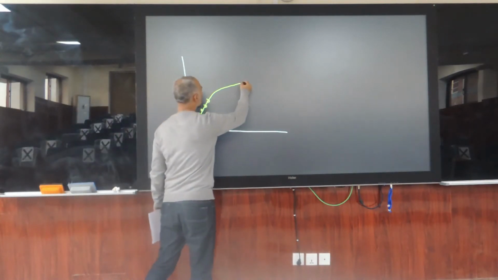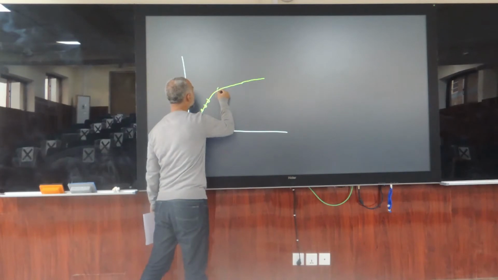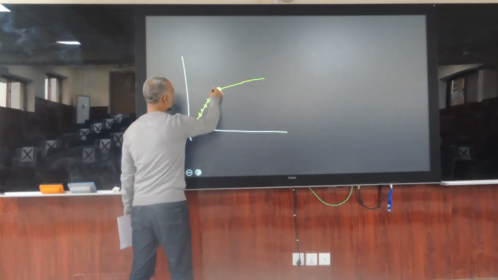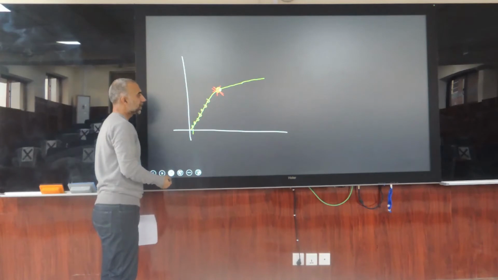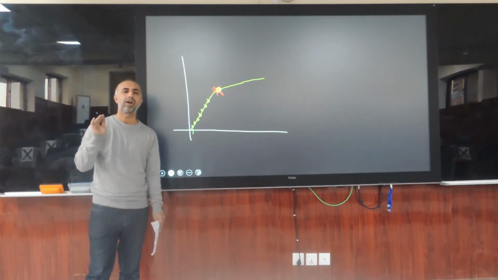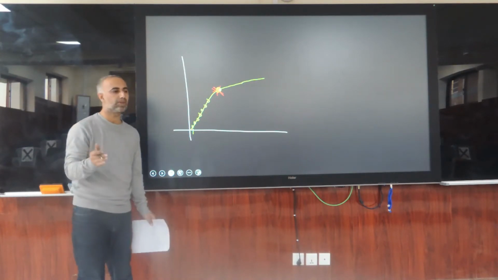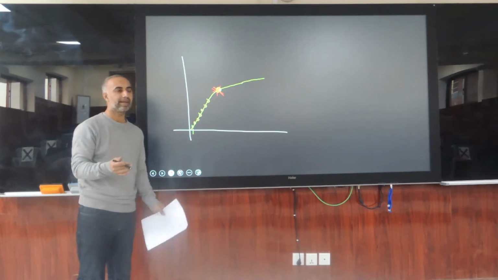So somehow the rate is decreasing. This point is known as the point of inflection. Once your rate is decreasing, it is no longer an exponential change but a normal change.